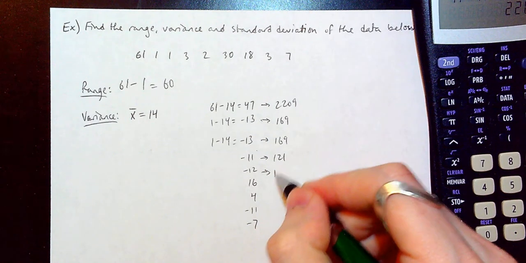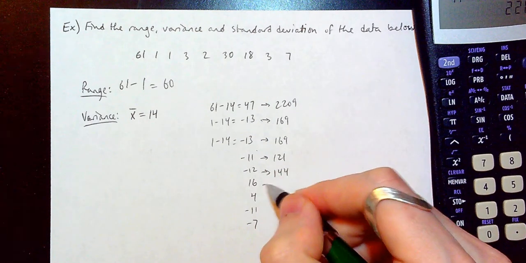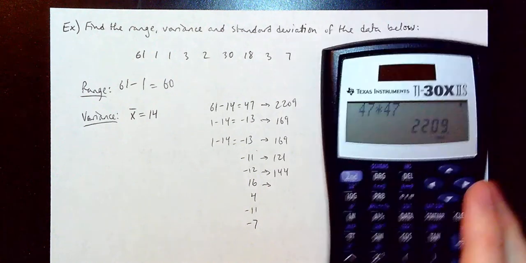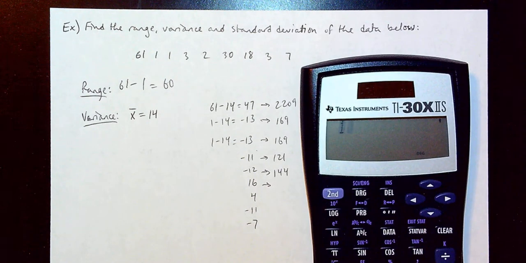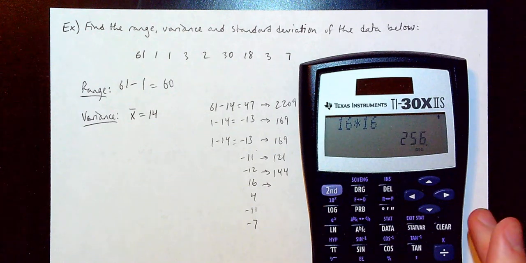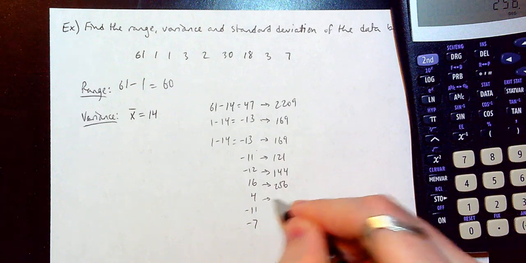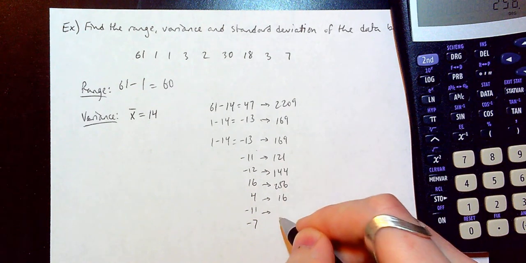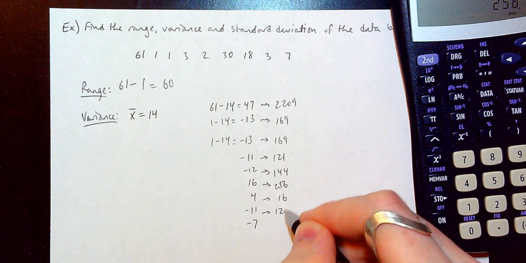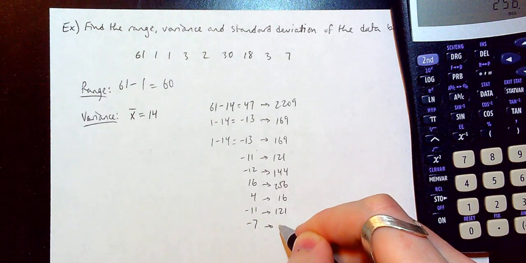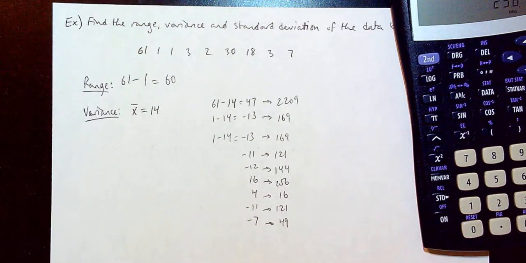Negative 12 squared is a positive 144. 16 squared, if I recall correctly, is 256. Yep, 256. 4 squared is 16. Negative 11 squared is 121. And negative 7 squared is 49. So I just squared each of those values that I had.